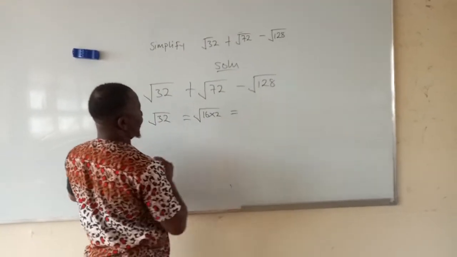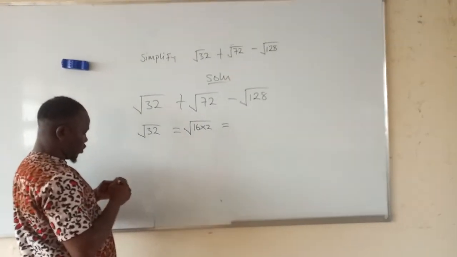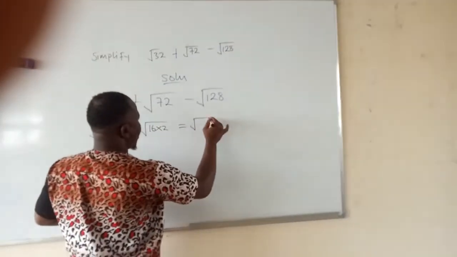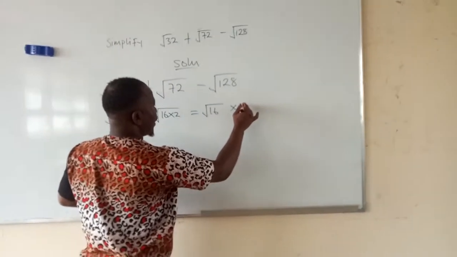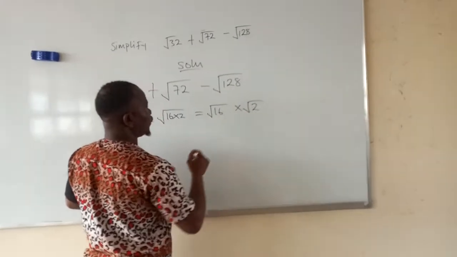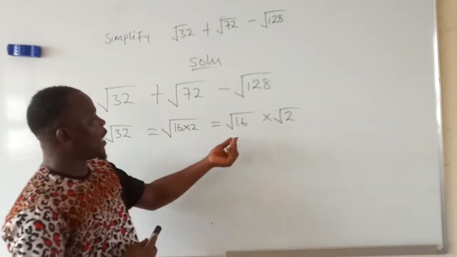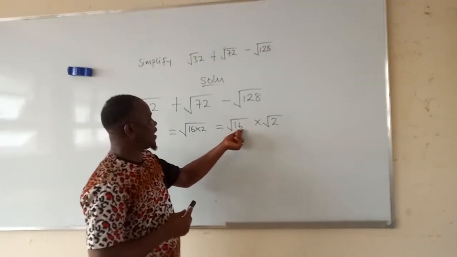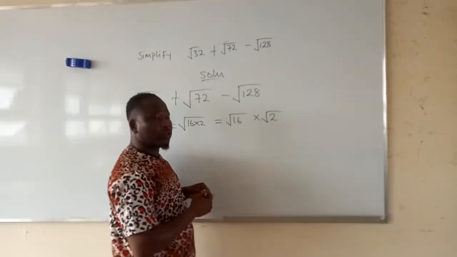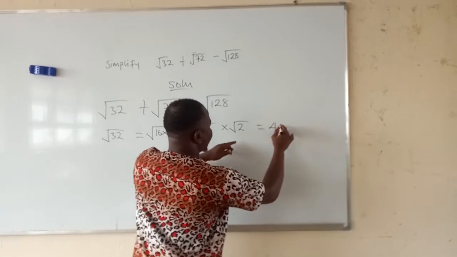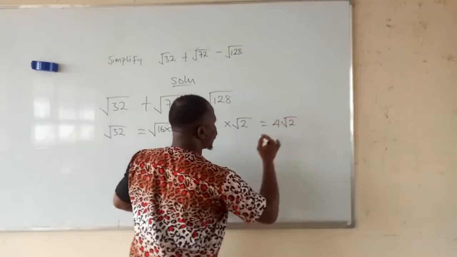Now, we will look at it this way again. In sum, we have 16 times 2. This is the same thing as square root of 16 times square root of 2. So this implies that the square root of 16 is going to give us what? 4 times root 2.